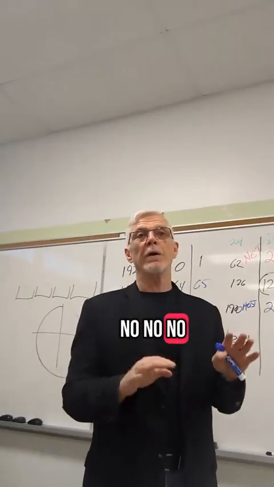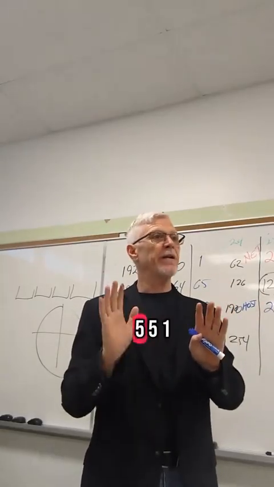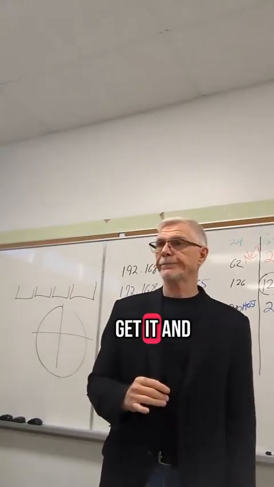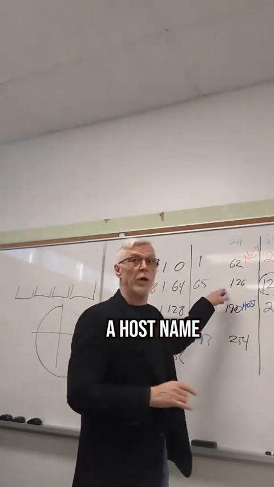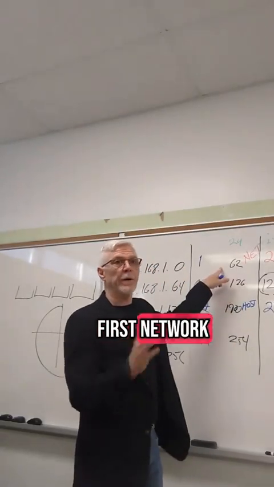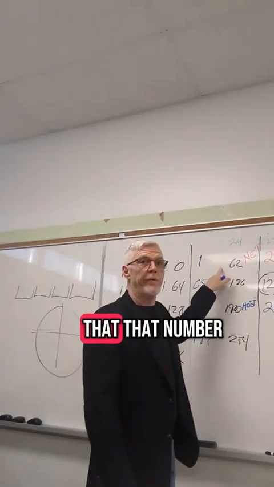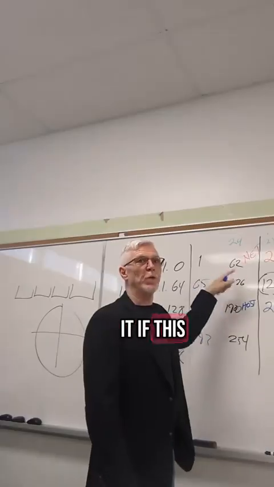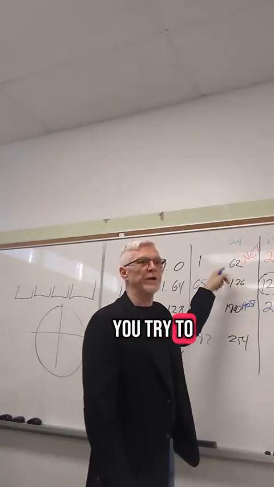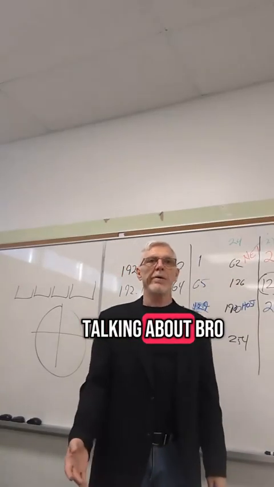And you go, no, it's 255.255.255.192, and it goes, okay, I get it. And what that does to the router is, if you put a host number from the second network on the first network, it just says you can't do that. That number belongs over here. That's the equivalent of if this is 192.168.1.0 and you try to put a 10 dot, it goes, what are you talking about?